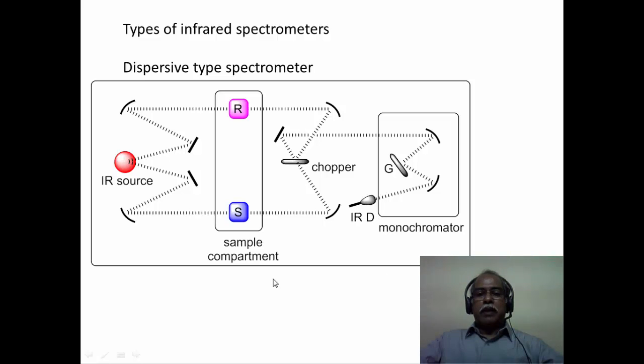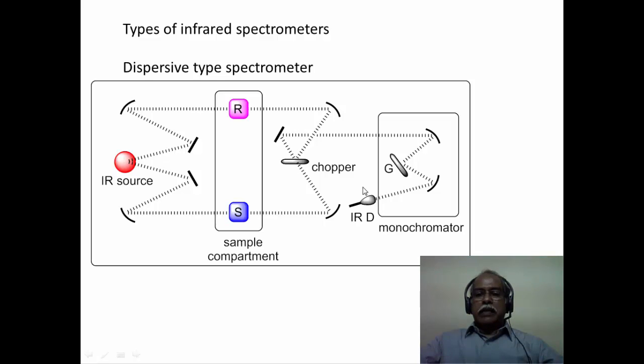So this is the sample compartment, and this is the monochromator compartment of the infrared spectrometer, and this is a double beam spectrometer. If you observe carefully, there are two beams coming, one through the reference, the other through the sample. Both beams enter the grating as well as the detector alternatively because of this chopper.